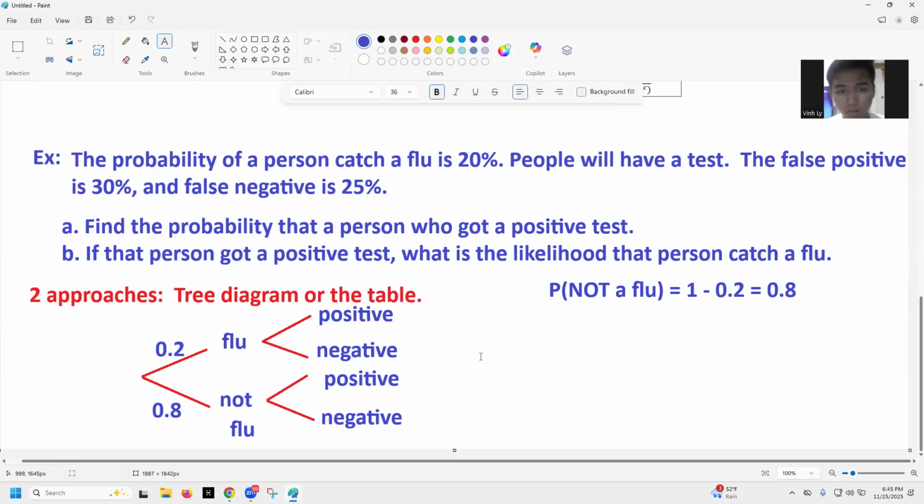The false positive means those who took the test and have positive results, but that person doesn't have the flu. So the false positive has to be 30% in this case. This might be put on the second branch of the tree diagram, correct? Because this person got positive but doesn't have the flu. So what we call false positive.